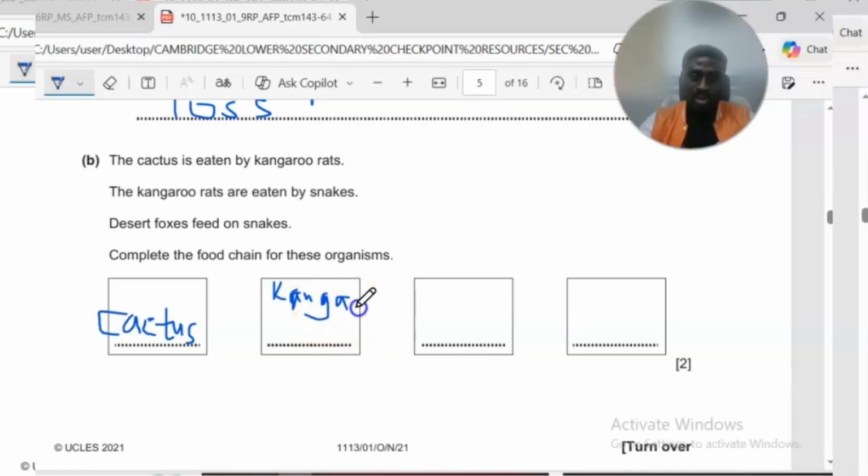Kangaroo rats. Then the next line says the kangaroo rats are eaten by snakes. So what should follow kangaroo rats in that sequence is the snakes. So you write snakes in this box.